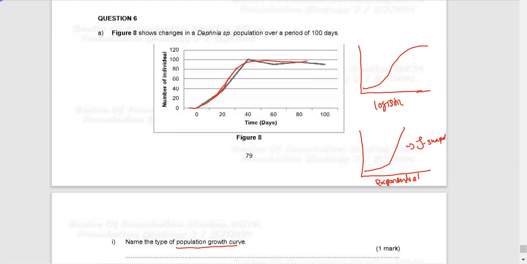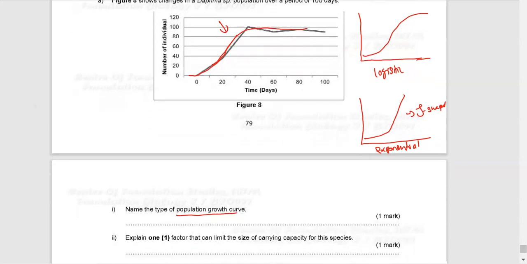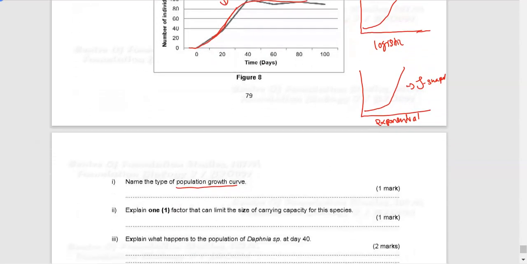So by looking at figure 8, basically this is a logistic curve, a logistic growth model.